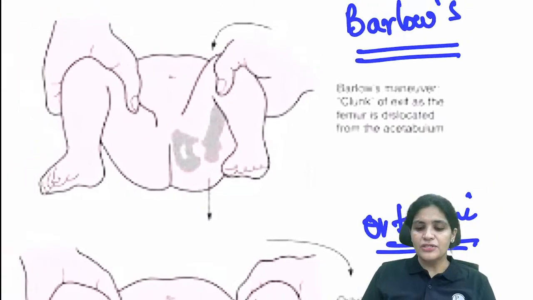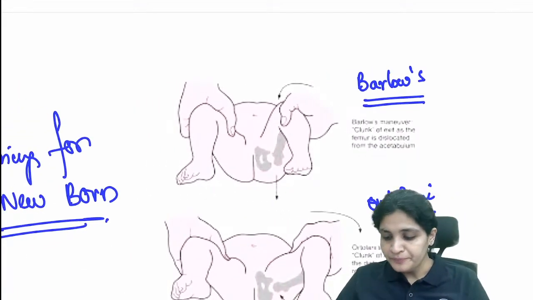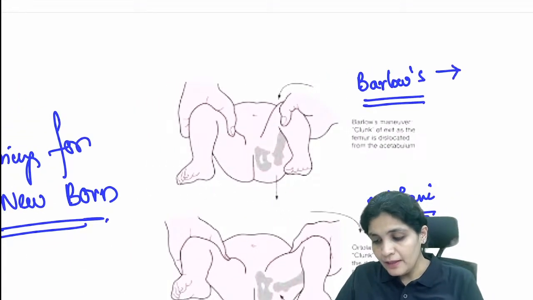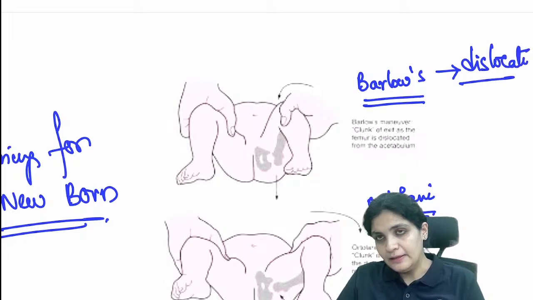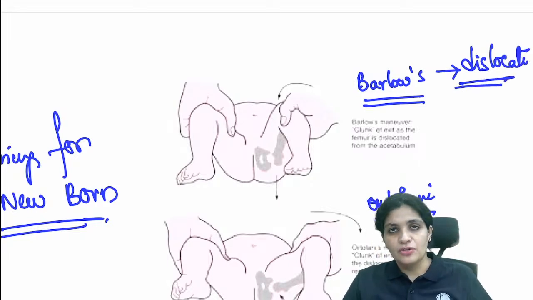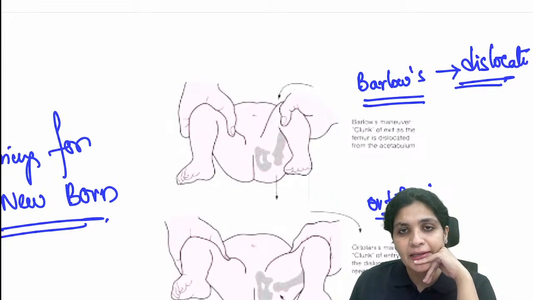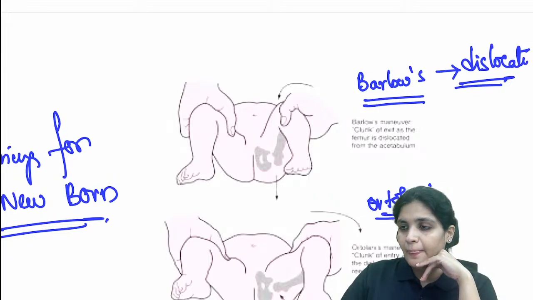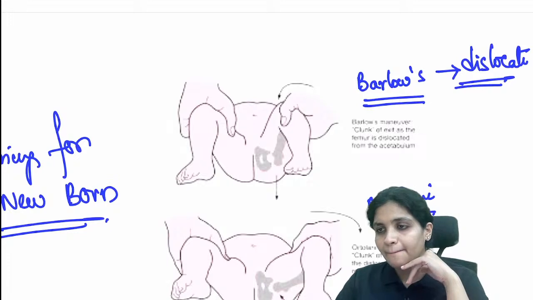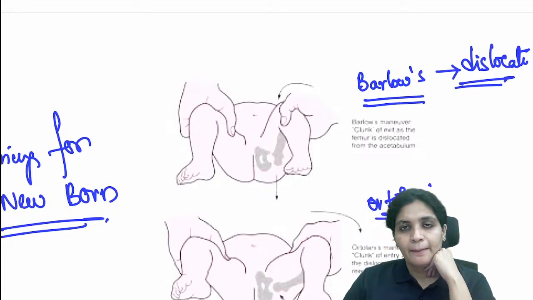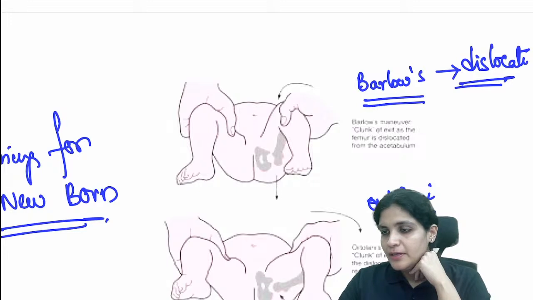Barlow's is whenever you want to dislocate. So when you want to dislocate, dislocation you already know, right? Whenever you want to dislocate, what is the mechanism of dislocation?